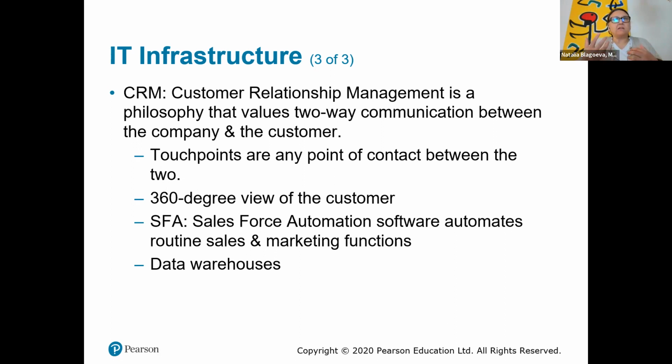And it basically contains the full information for our customers, the full information on all interactions and everything happening with our customers. So it's also kind of a philosophy that values two-way communication between the company and the customer. And it really allows a 360-degree view of the customer.